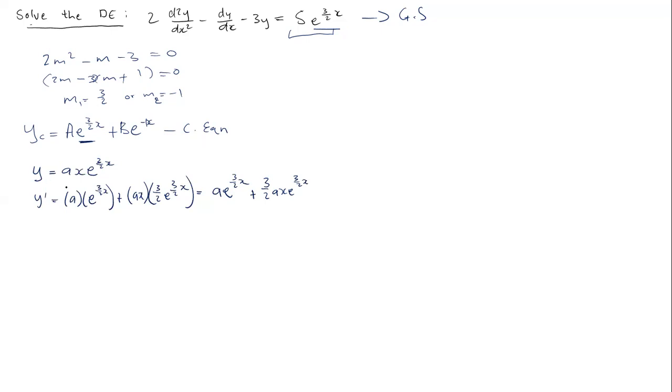Now, I'm going to perform my second derivative. So I'm going to take this equation, the one that is simplified already, to simplify your life. Here I'm not going to perform any product rule because I can see that I have only one function, which is exponential. So to differentiate this, I'm going to have 3 over 2 a e to the power of 3 over 2 multiplied by x. We are done.